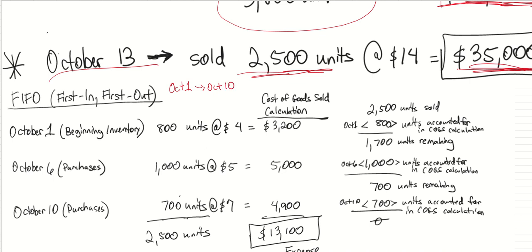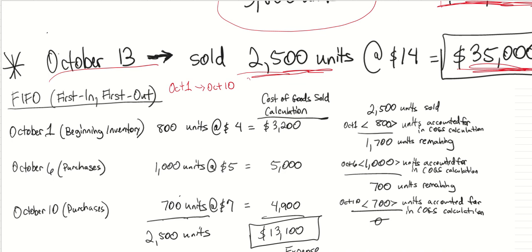And so what you're doing is, because you have to figure out what the cost of goods sold is going to be under the FIFO method, you're going to grab what's in the beginning inventory first, to determine what should be included in the cost of goods sold, all the way over to the end of the period, which is in this case October 10th. Okay, so here's how it works.